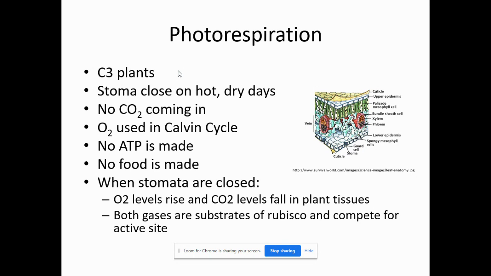And so you have a lot less food being made, and a lot less ATP being produced as well. So photorespiration is a big problem for C3 plants on those hot, dry days.